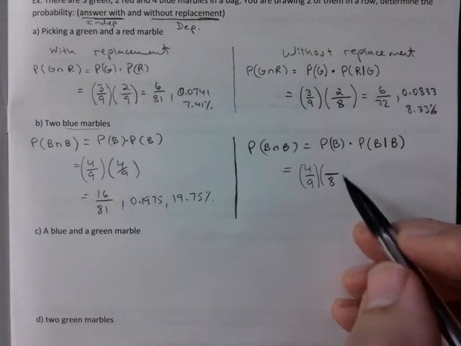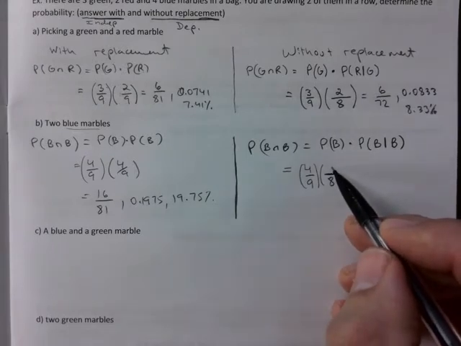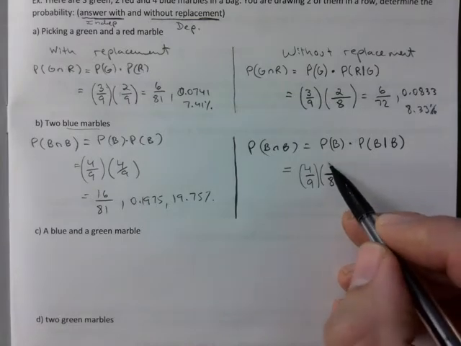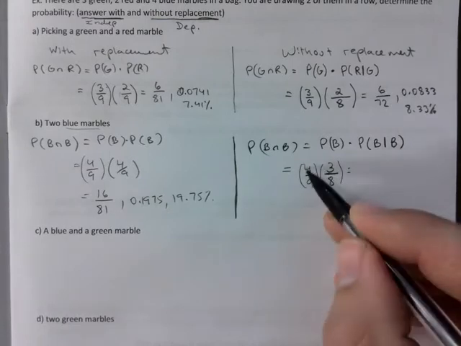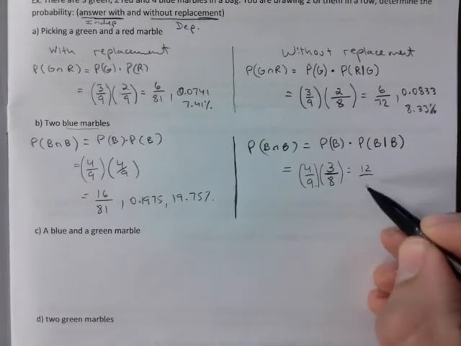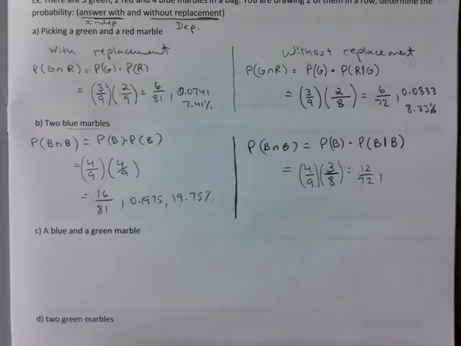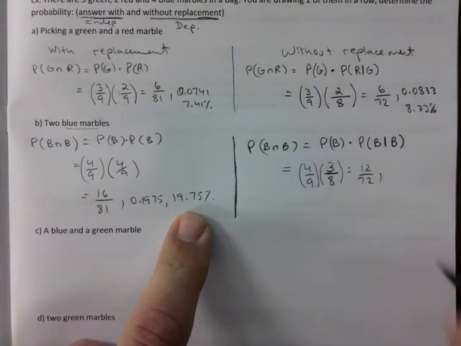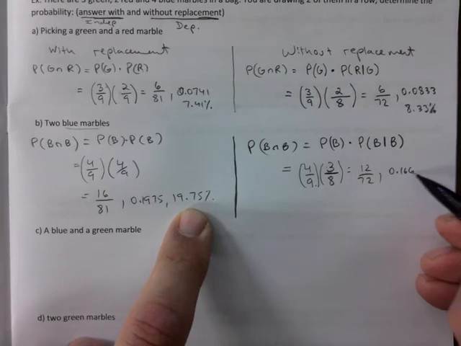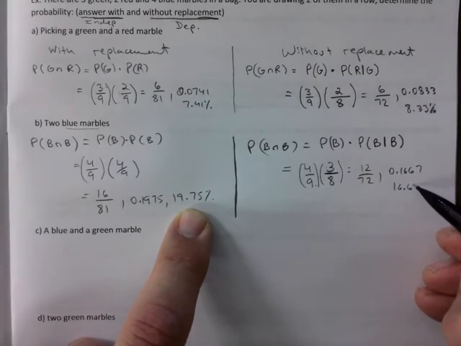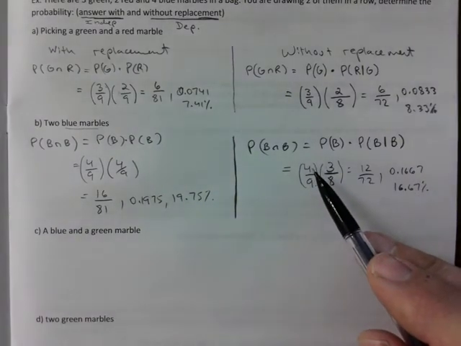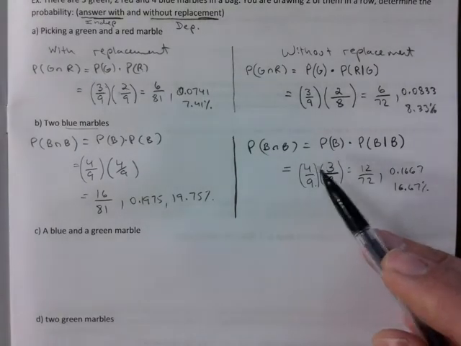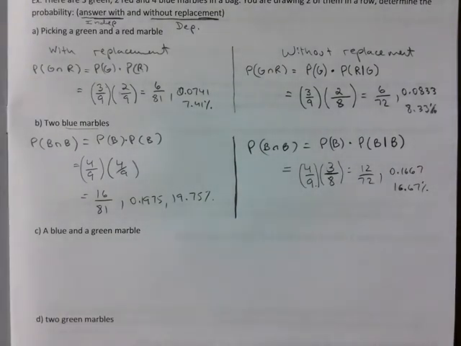How many blues are left? 3. So this is where numerator and denominator are both affected. So that's 4 times 3 is 12. 9 times 8 is 72. This would be 0.1667, which is 16.67%. So the probability actually went down, and it is because you took a blue out the first time, and now you're trying to grab another blue. So both of them have been reduced.